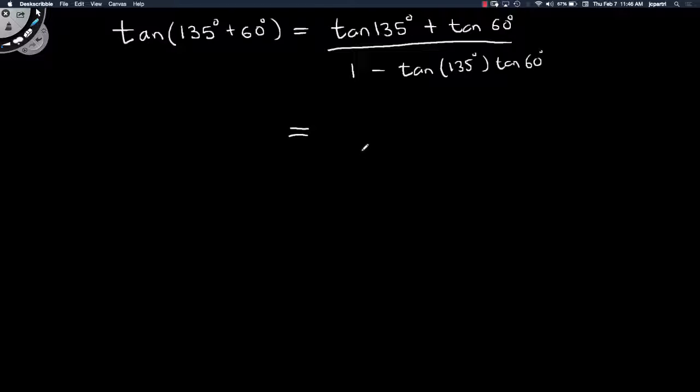Is tangent positive or negative in quadrant 2? It's negative. So that's negative 1, over 1 minus negative 1 times the square root of 3. Minus minus is a plus.